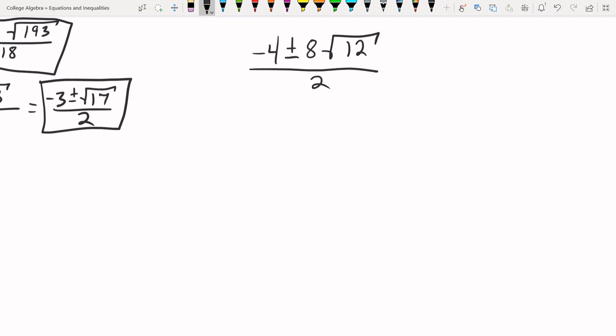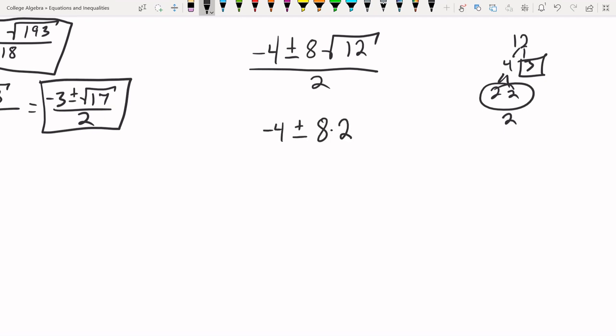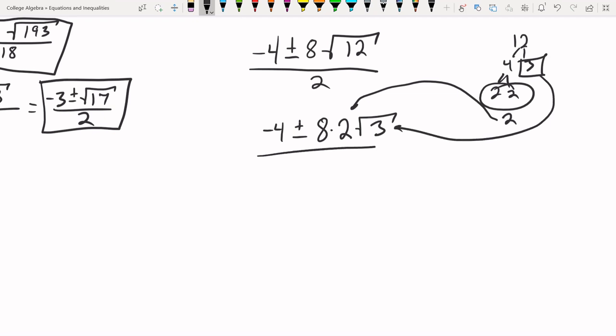The first thing we can do is simplify root 12. 12 is 4 times 3, and 4 is 2 times 2. There's a pair of 2's, 3 stays on the inside. That means we can take a 2 on the outside. So we get negative 4 plus or minus 8 times the 2 from the outside, right? That's the 2 there. And the 3 stays on the inside. This is all over 2.